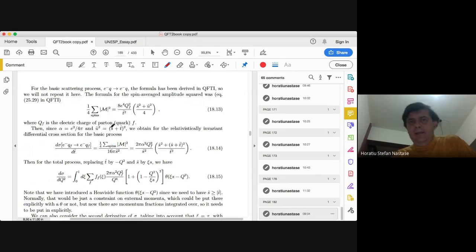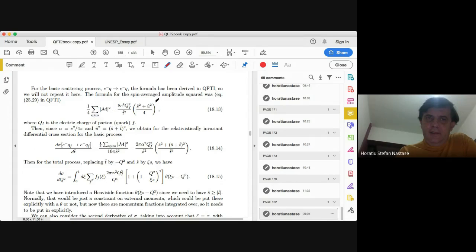So as I said, we have this basic scattering process of electron off a quark, and the formula for that was derived in QFT1 in the last semester. So I'll not repeat it here, I'll just quote it. We have the reference here if you want in QFT1.